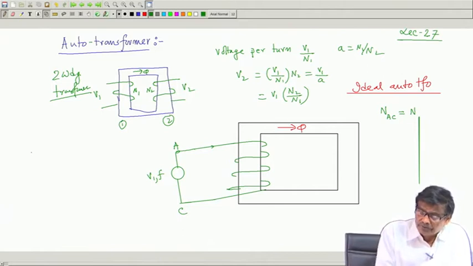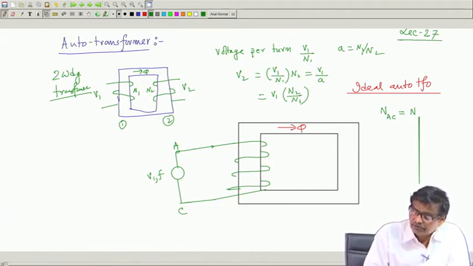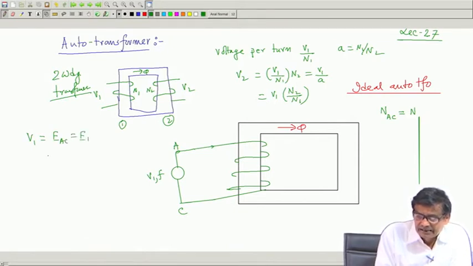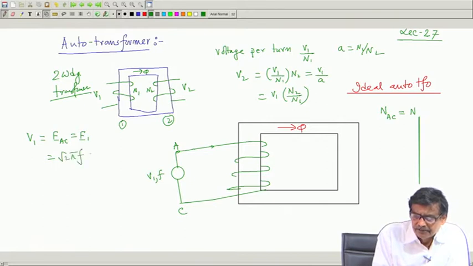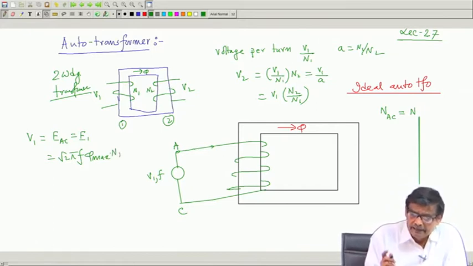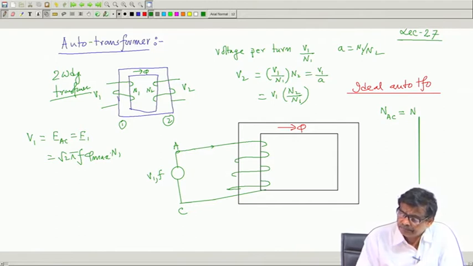So, you know the applied voltage and induced voltage between these 2 points will be V1 is equal to EAC, induced voltage, that is E1 say, and this is equal to root 2 pi f phi max into N1. We know this, this is what happens, and that is it.